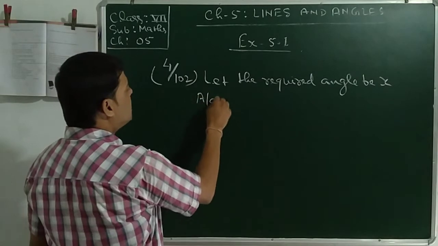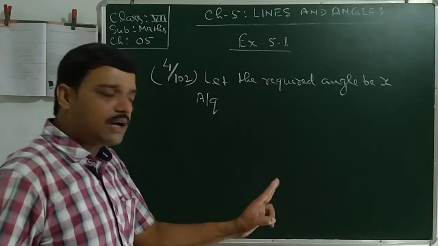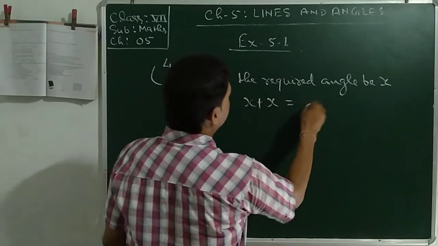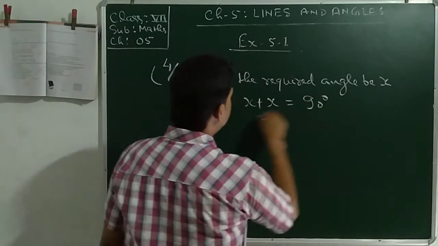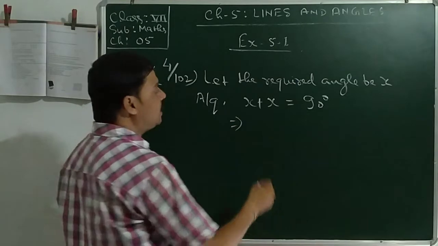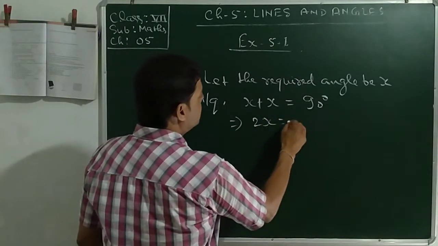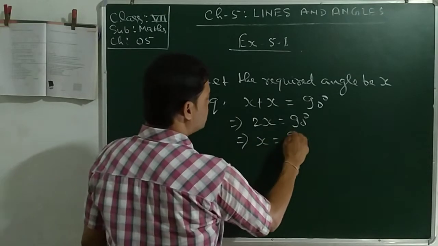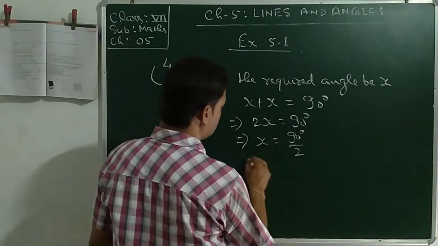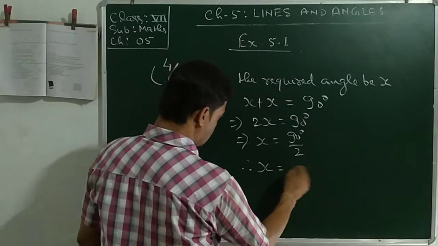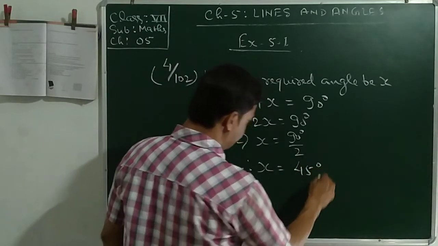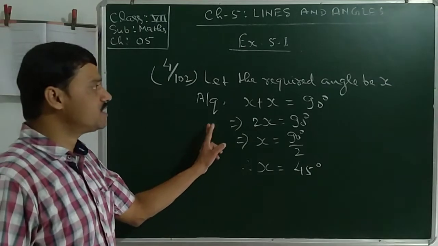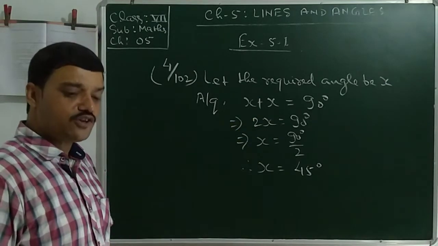Then, as they are equal, the sum of both the angles will be 90 degree. Upon solving the equation, we get 2x equals 90 degree, or x equals 90 degree by 2, therefore x equals 45 degree. 45 degree is the angle which is equal to its complement.